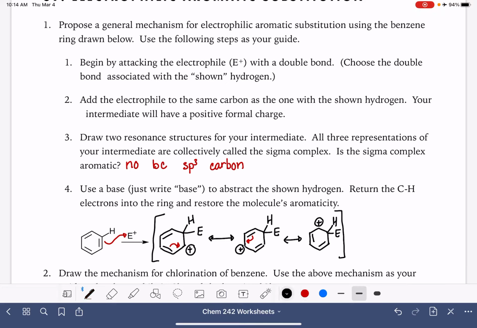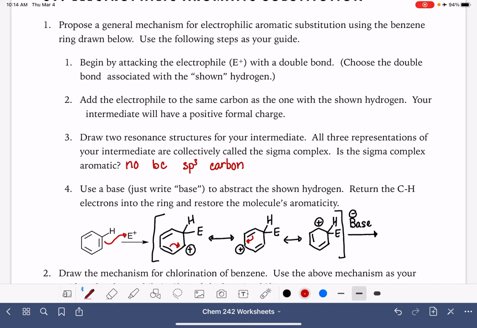In the last step of the reaction, we are going to abstract the hydrogen and put this molecule back to being aromatic. Depending on the actual reaction, the actual electrophile, there's some sort of base that's involved in this abstraction process. The base will vary as the electrophile varies.